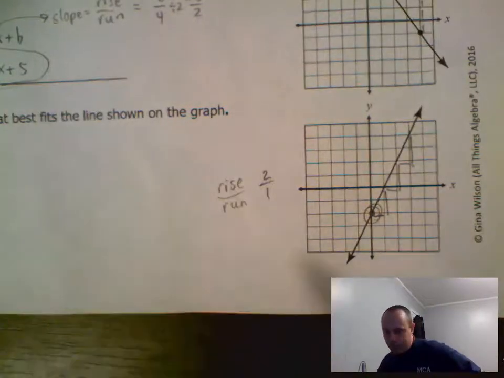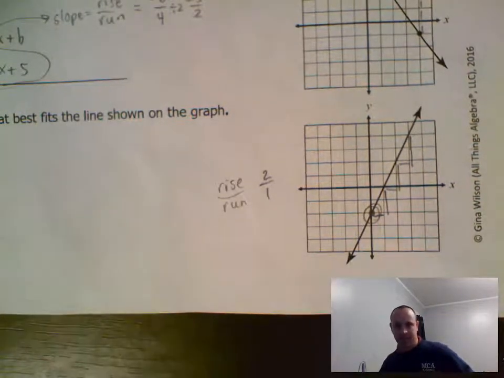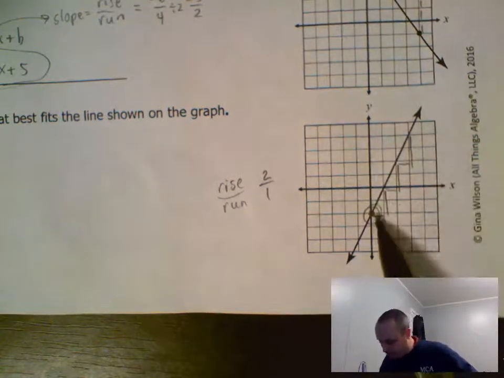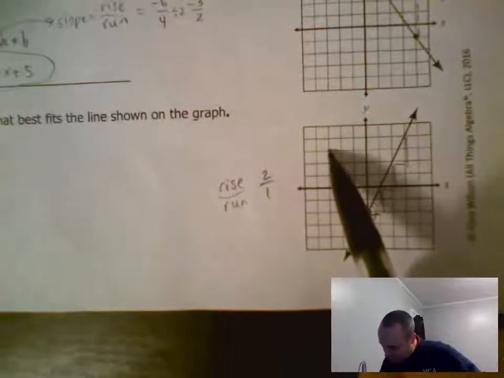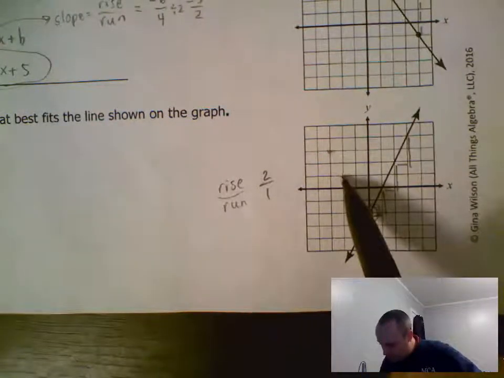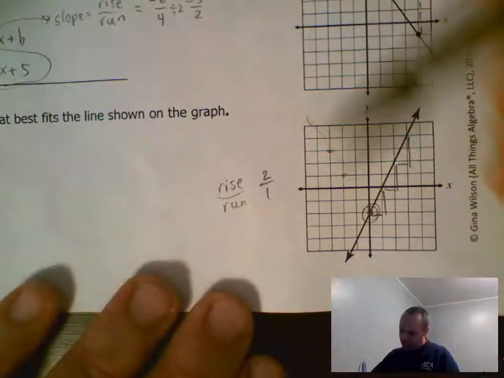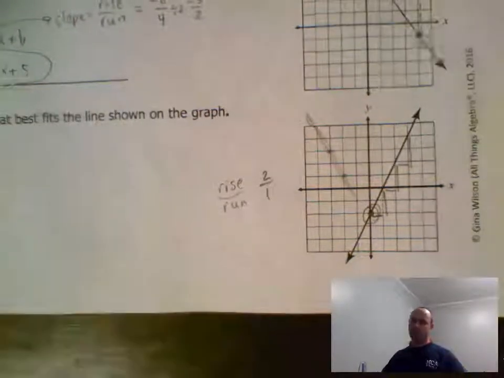Not -2, but 2 over 1. That's why it has to be answer C, 2 over 1. Because -2 would be every time you ran 1, you would have to drop 2. So a -2 would go the same slant, but it would go that way.